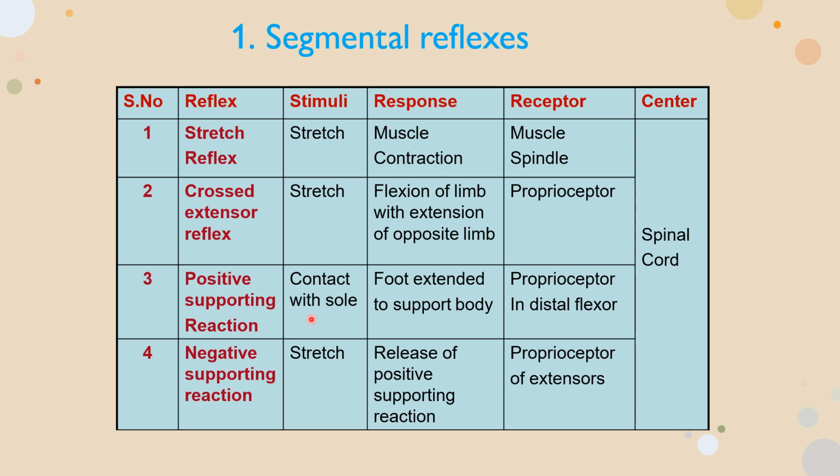For positive supporting reaction, the stimulus is contact with the sole and the response is foot extended to support the body, and the receptor is proprioceptor in the distal flexor. Negative supporting reaction is stretch. Negative means opposite to positive. It is release of positive supporting reaction, and the receptor is the proprioceptors of extensor muscles.